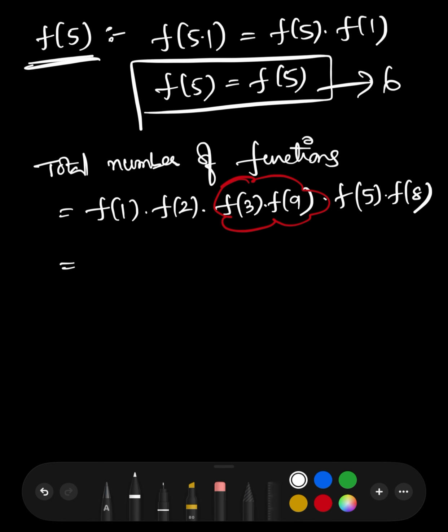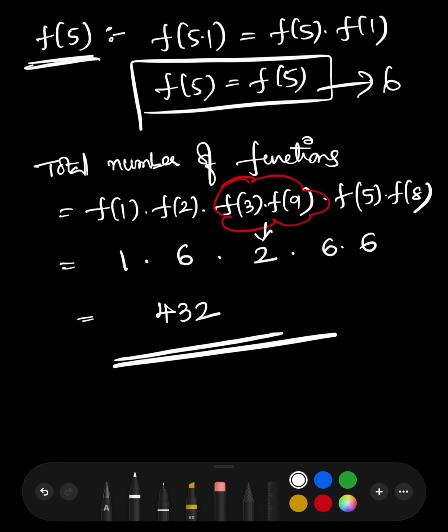Right? f of 1 has only one possibility, f of 2 has 6, f of 3 and f of 9 have two possibilities, f of 5 has 6 possibilities, and f of 8 also has 6 possibilities. So that is 6 cube into 2, 6 to the power 12, 36 into 12, which is 432. That is the final solution. Thank you.